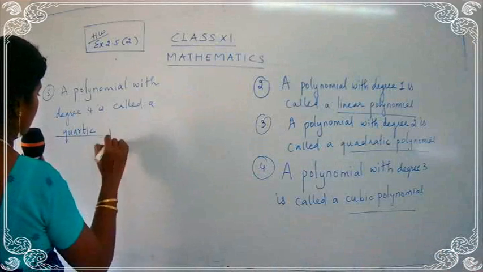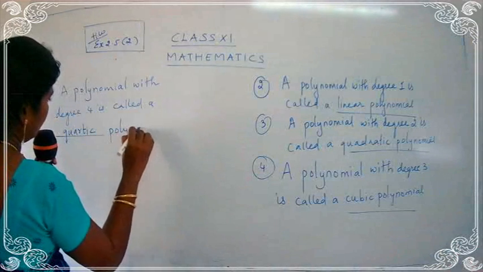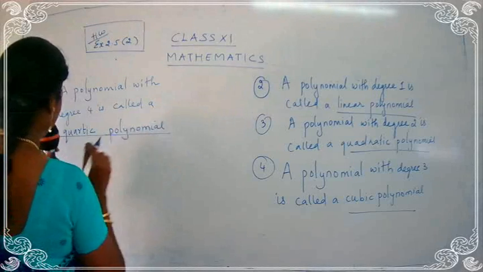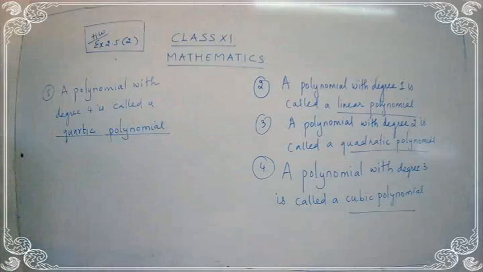Quartic. A polynomial with degree 4. So if you have a polynomial with degree 4, you have to call it a quartic polynomial. Okay, done. Now let's go for the next one.